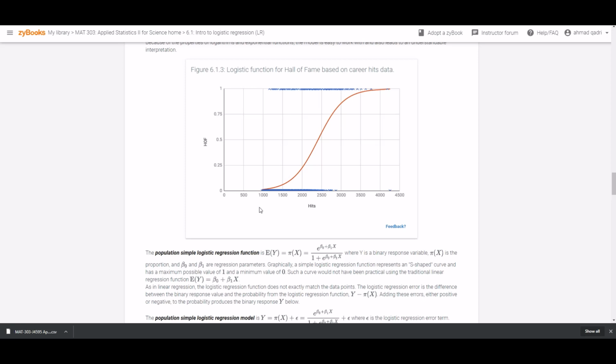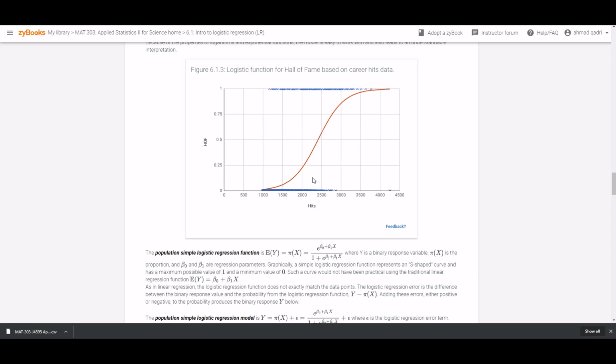Okay, and what we expect here, you can see clearly we have a zero, first of all. Well, probability ranges from 0 to 1. So we have the 0 line here, and we have the 1 line here. So Hall of Fame equals 1 means that the player is inducted into the Hall of Fame, and 0 means the player is not. Okay, so the logistic regression function, when you plot, looks like this red curve here.